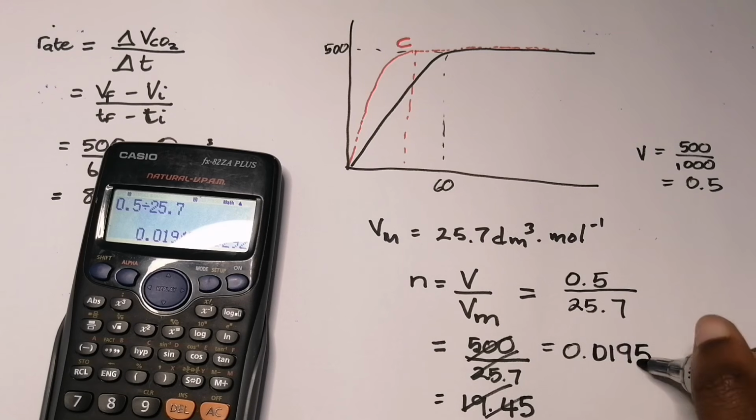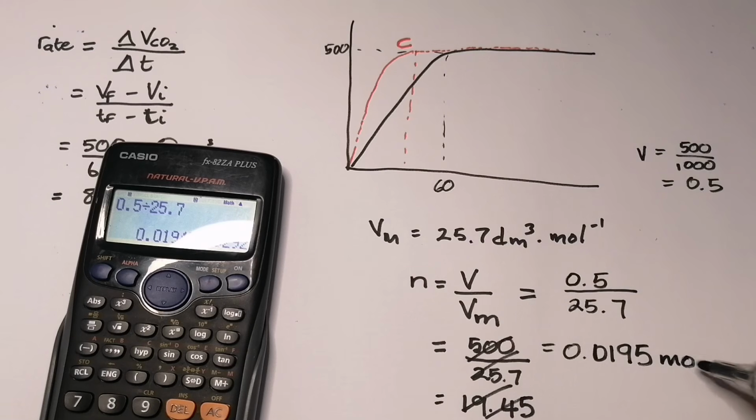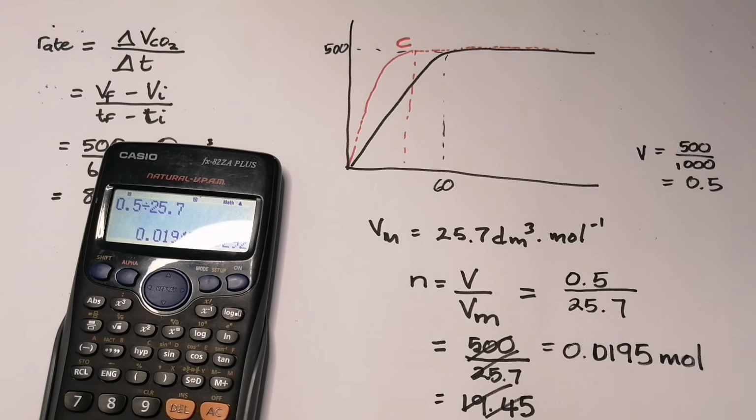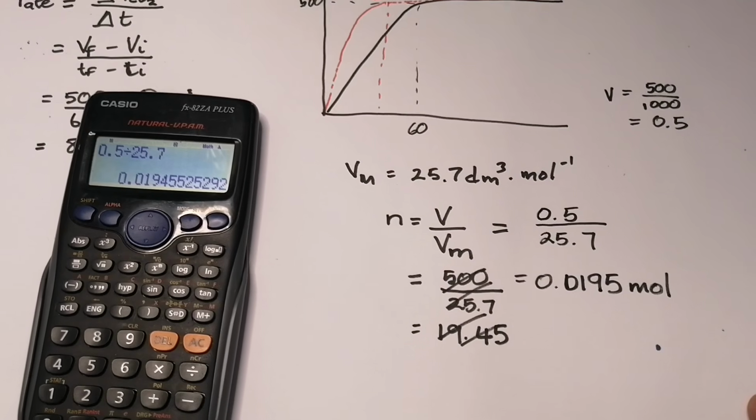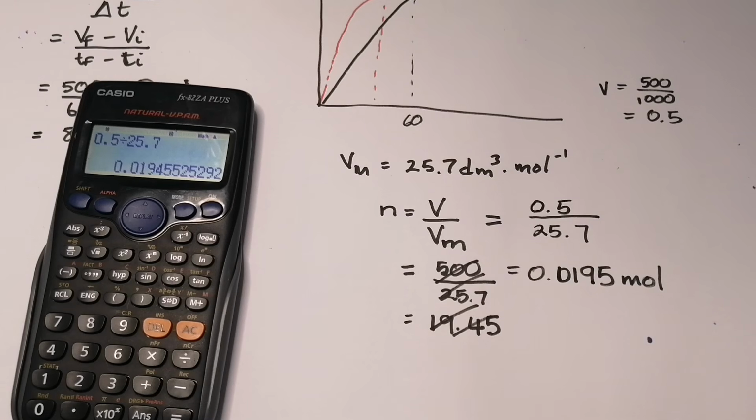If you want to, you can say 0.0195. And those are the number of moles of what? Remember, that's the number of moles of carbon dioxide that is formed.